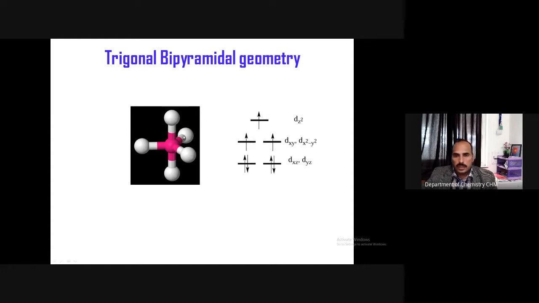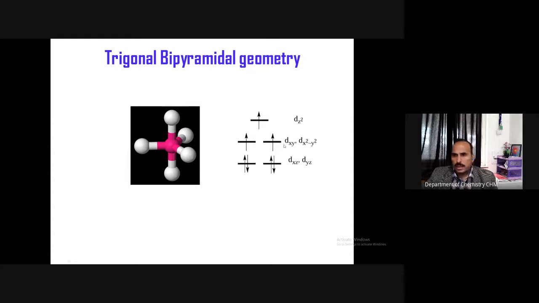Okay, now in this case, since the three ligands are at 120-degree angle, you know that they are not along the axis, right? They are in between the axis. So when they are in between the axis, the dxy orbital is also in between the axis, in the xy plane. So dxy and dx square minus y square are at equal distance from the direction of approach of the ligands.